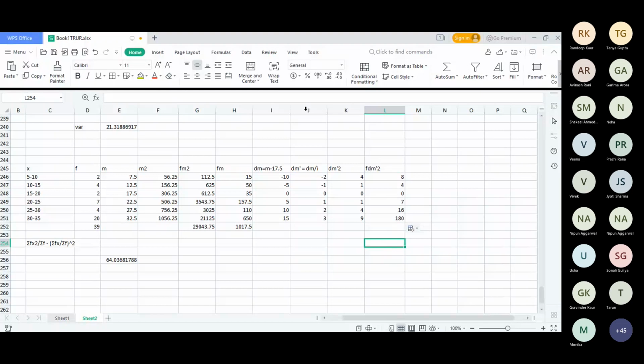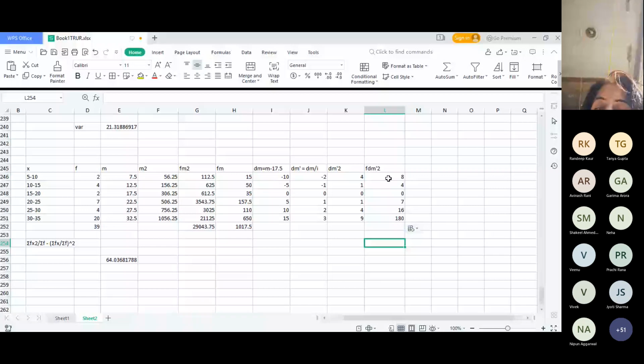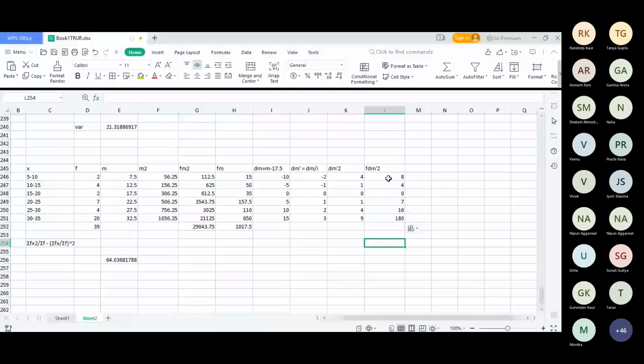Fine. So it is easy to calculate f dm dash square as compared to fm square, in case we are working on a manual sheet. We are working on Excel, that's why it seems to be easy, but otherwise in manual calculations you would see the difference between these calculations and f dm dash square calculations. Then summation f dm dash square divided by summation f is the same value.